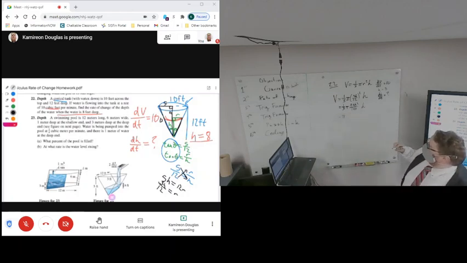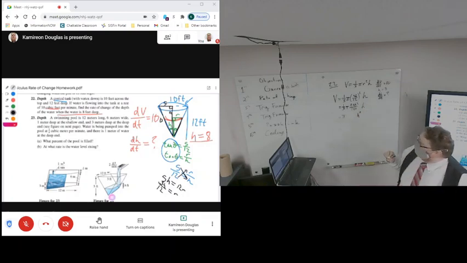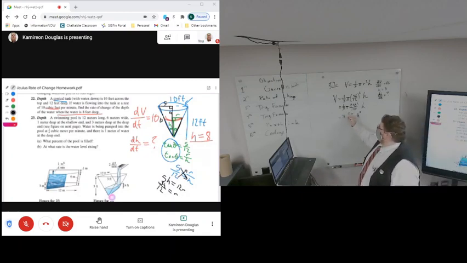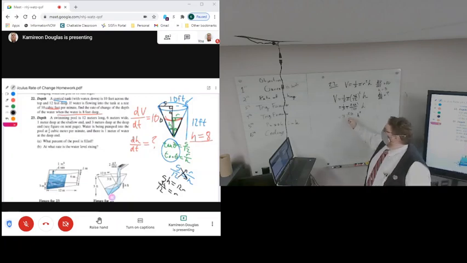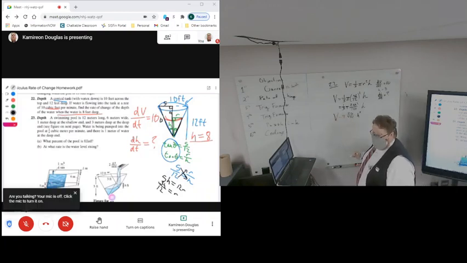The H squared and the H are going to become H cubed. 25 over 144 times 1/3, I have 25 on top, and on bottom, 432, I think. So now I have the volume in terms of H.